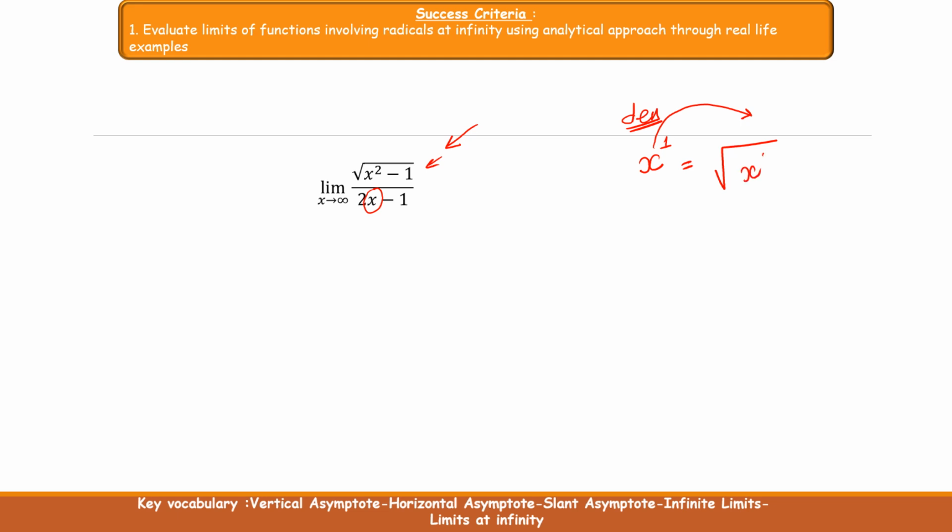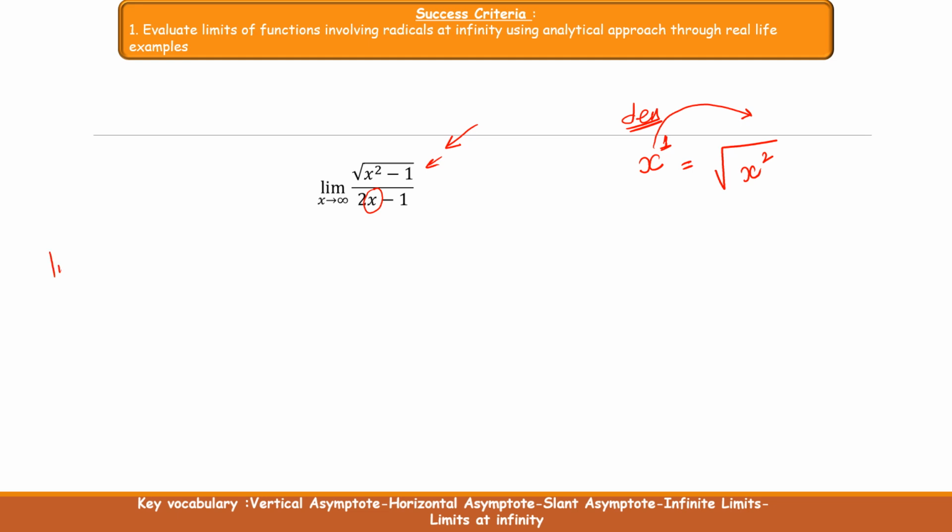I should write x power 2. Do you get it why? The reason is that without the square root we have the power 1. If I want to write something inside the square root, then definitely it has to be x power 2 rather than x power 1. Reason is that x power 1 is without square root.